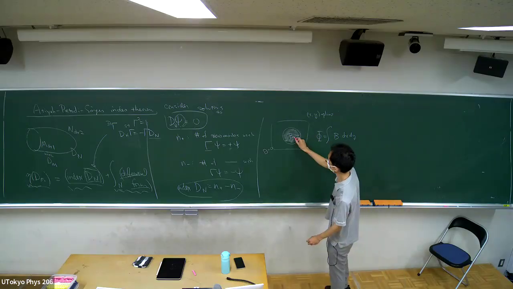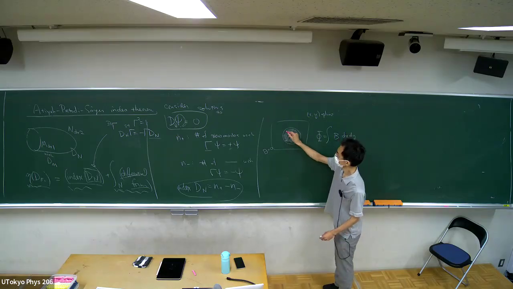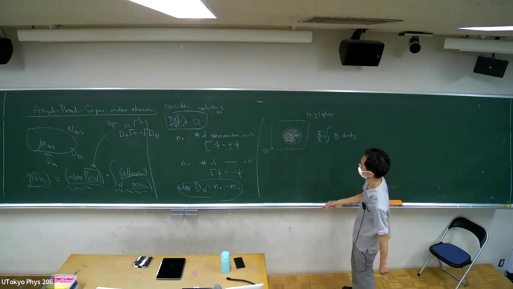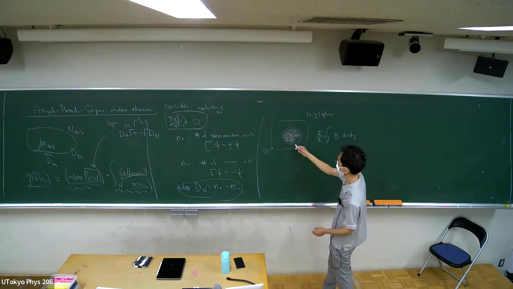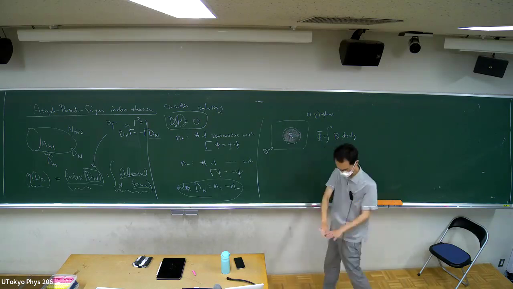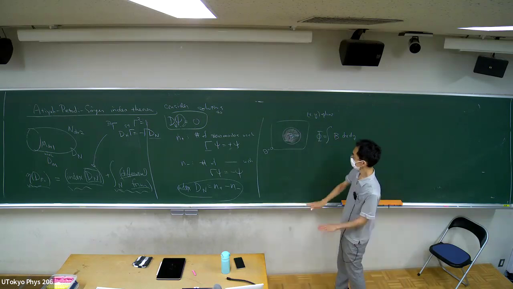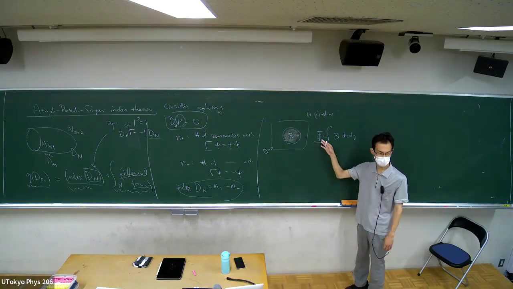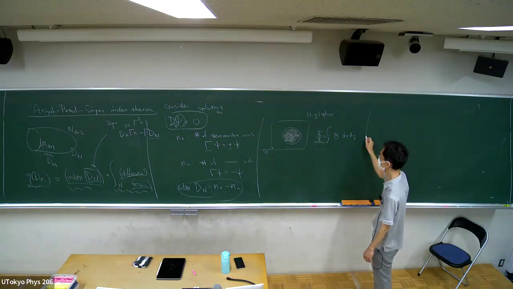Then the same semi-classical argument still holds within this region. Around here, electrically charged particles are trapped in the cyclotron motion. So you expect a degenerate ground state whose number should be given by basically the absolute value of phi. Let's see that.